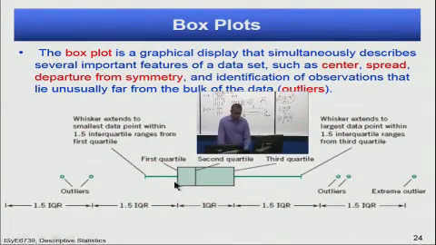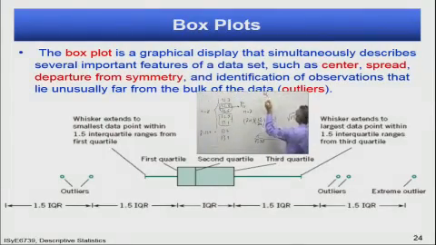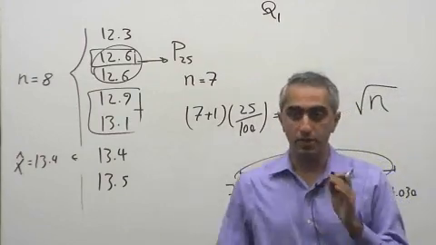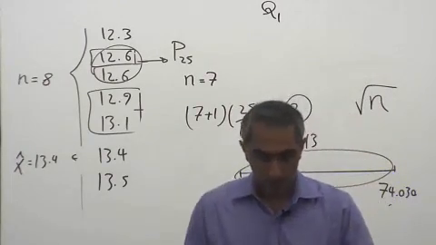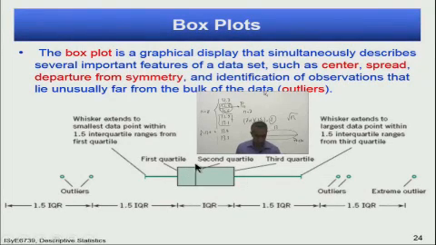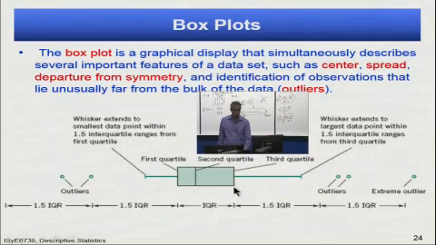So this guy here, the first end or beginning of your box plot, is the first quartile. Remember Q1, where 25% of data is less than this point. Okay. This guy here in the middle is the median or second quartile, and this guy here is the third quartile or Q3.